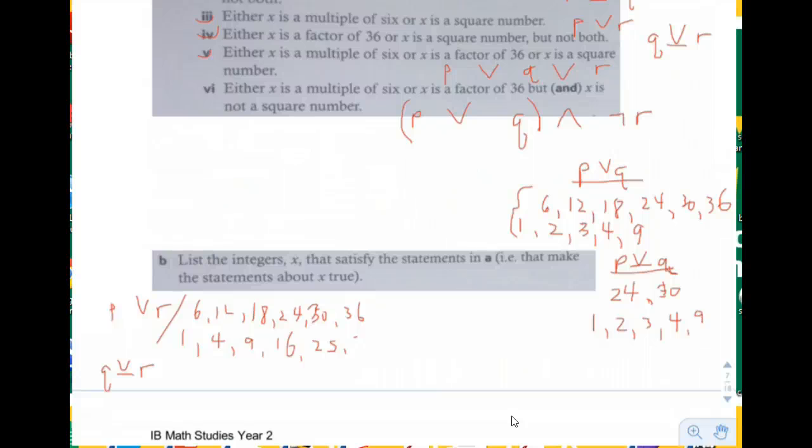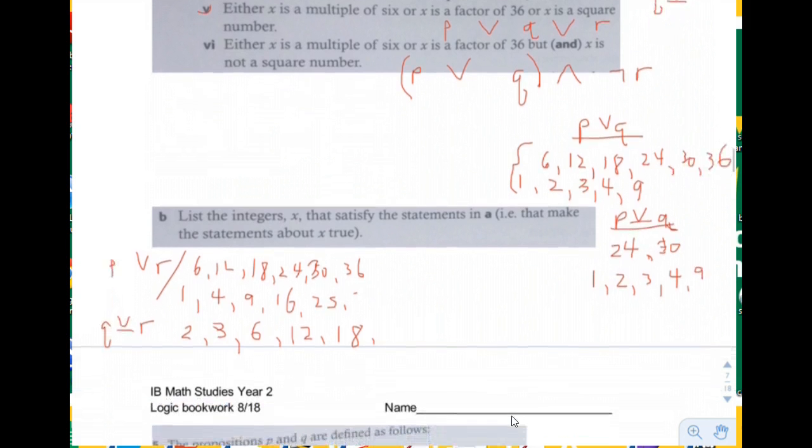It could be 2, could be 3, 4, but that's a square, so we take it out. 5, 6, 7, 8, 9, but that's a square, so we take it out. 10, 11, 12, 13, 14, 15, 16, 17, 18, okay, or 36, but that's a square, so we take it out.